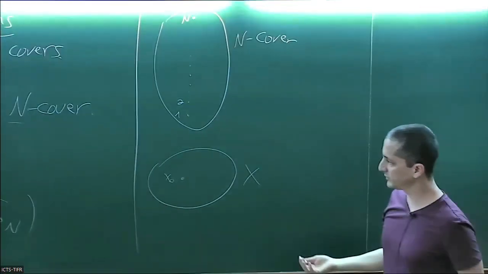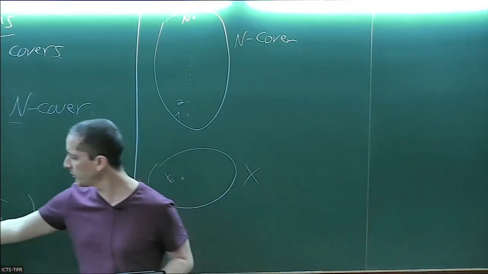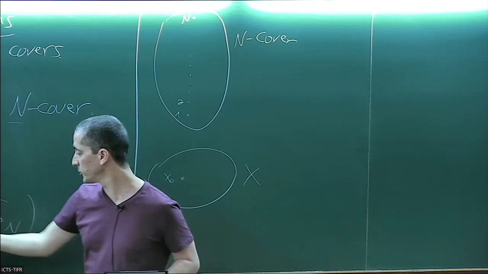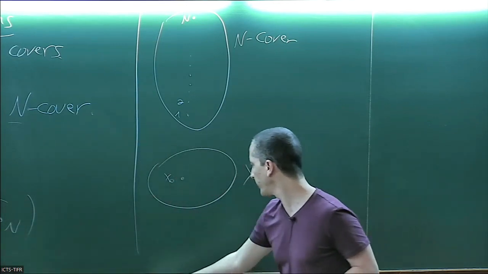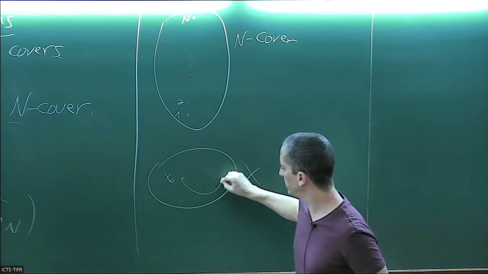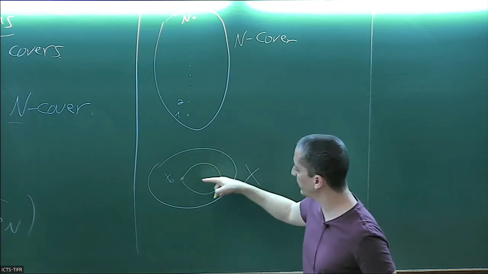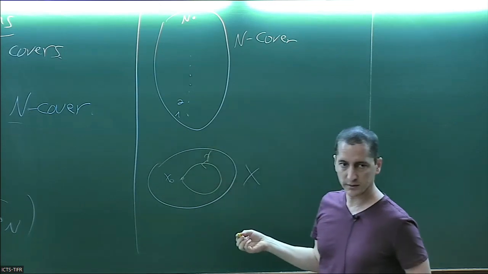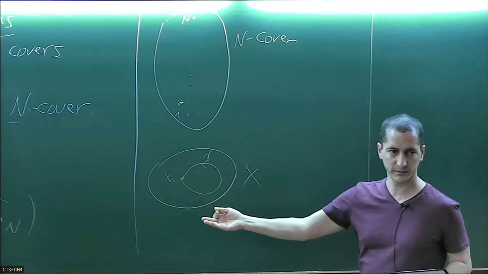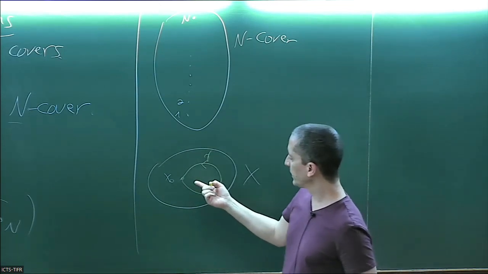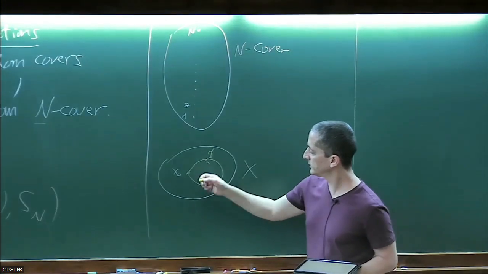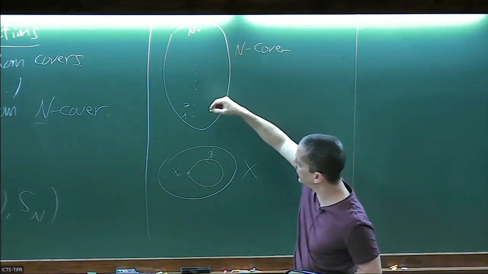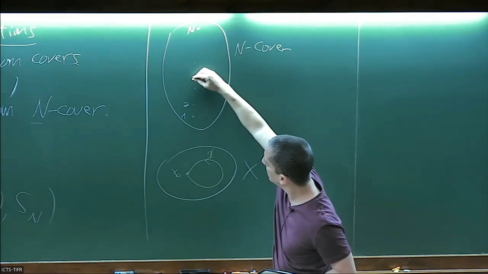Now I want to define a homomorphism from the fundamental group to Sn, which means that for every element of the fundamental group, every closed path, let's call it gamma, I need to specify a permutation, right? So what do I do? I simply lift gamma to all these points. I can lift it, for example, from the point i.